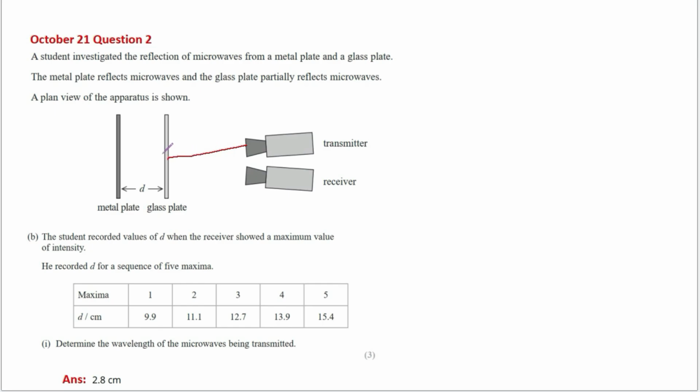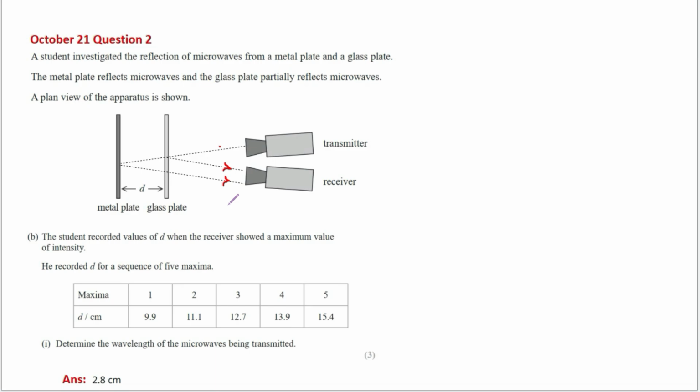Microwaves partially get reflected from here, and the rest travels all the way through and gets reflected from behind. One is reflected from here partially, and the other one gets reflected from behind, like this. So these two rays or waves are what we are concerned with.